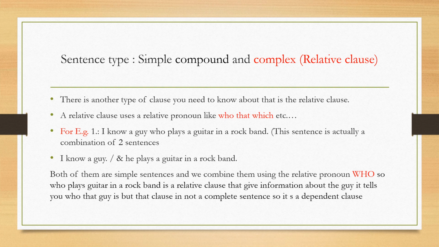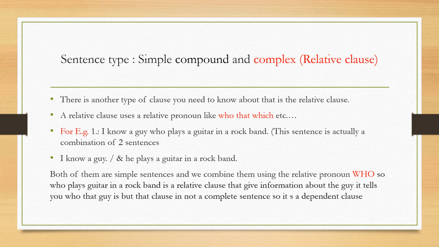For example, let us say, I know a guy who plays a guitar in a rock band. This sentence is actually a combination of two sentences: I know a guy, and he plays a guitar in a rock band.